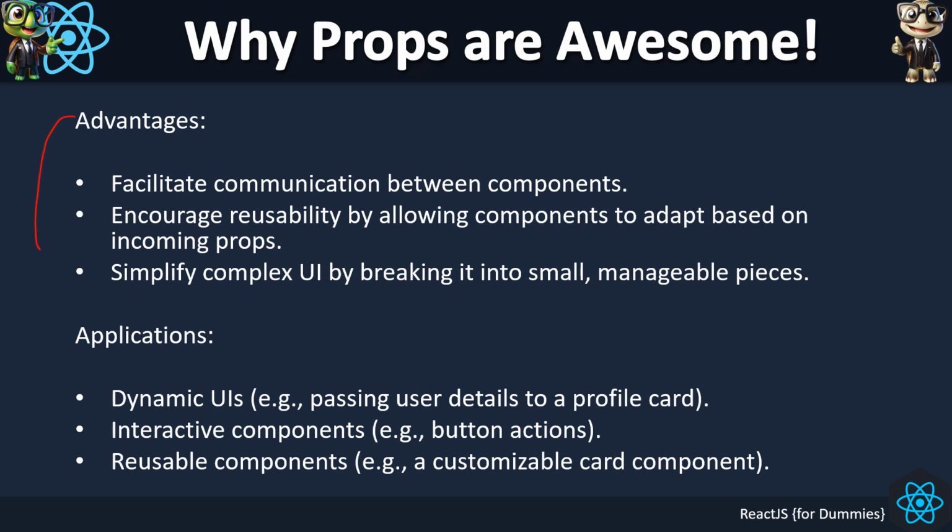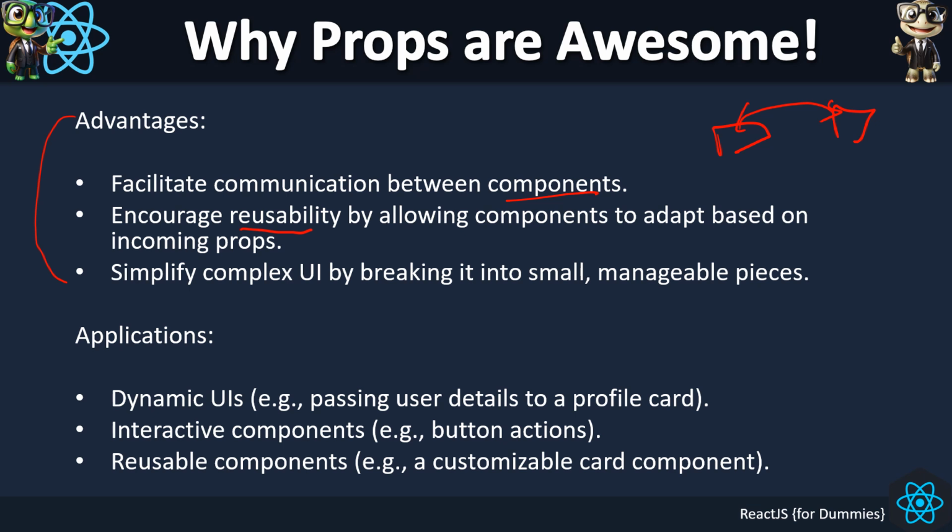That becomes the major advantage of using them: facilitating basic communication between components. So you can have two components, and props will allow you to communicate to and fro between the components as well. They encourage reusability by allowing components to adapt based on incoming props.